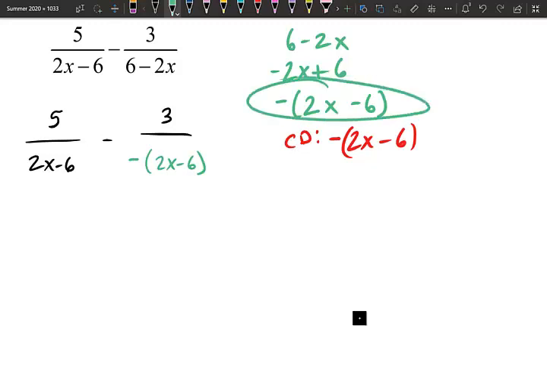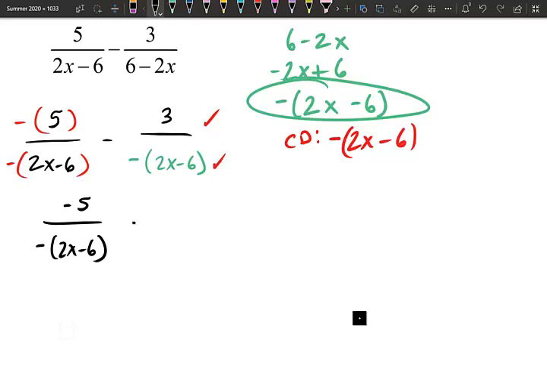So our common denominator is negative times 2x minus 6. So it's good to go. That one is negative 2x minus 6. So all we need to do to the left one is multiply by negative because it's already 2x minus 6. So on top, we have negative 5 over negative times 2x minus 6, and that's minus 3 over negative times 2x minus 6.